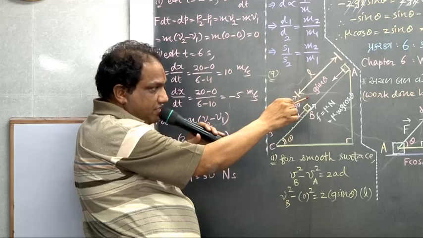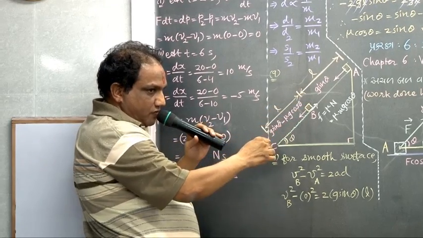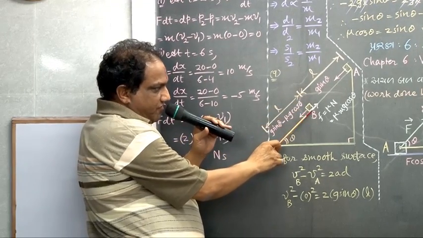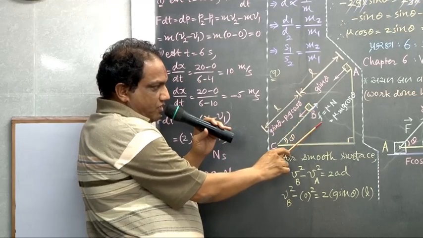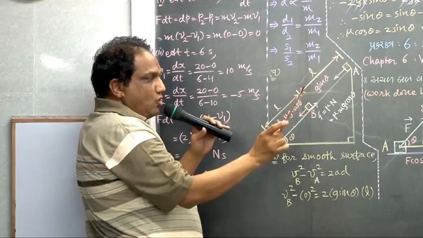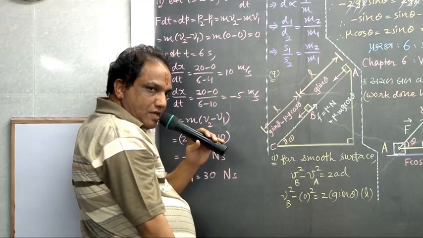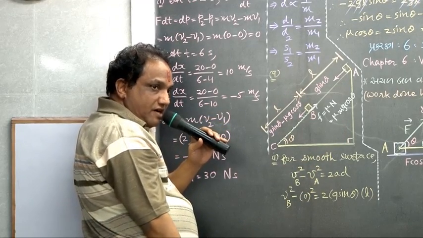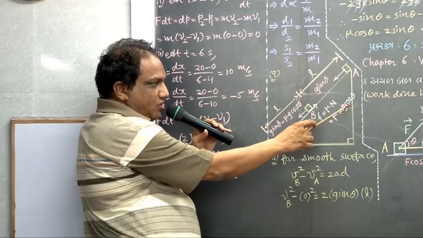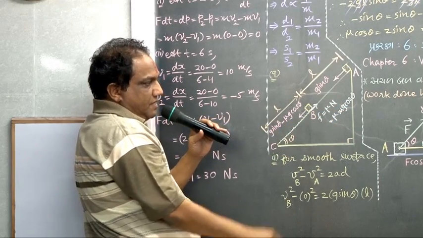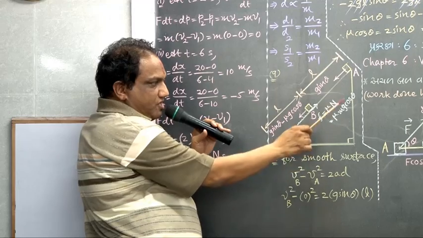Motion is taking place downwards, towards the bottom, so frictional force acts in the opposite direction. What is the formula for frictional force? Coefficient of friction multiplied by normal force. On a slope of angle theta, normal force is mg cos theta. This is the expression of frictional force.